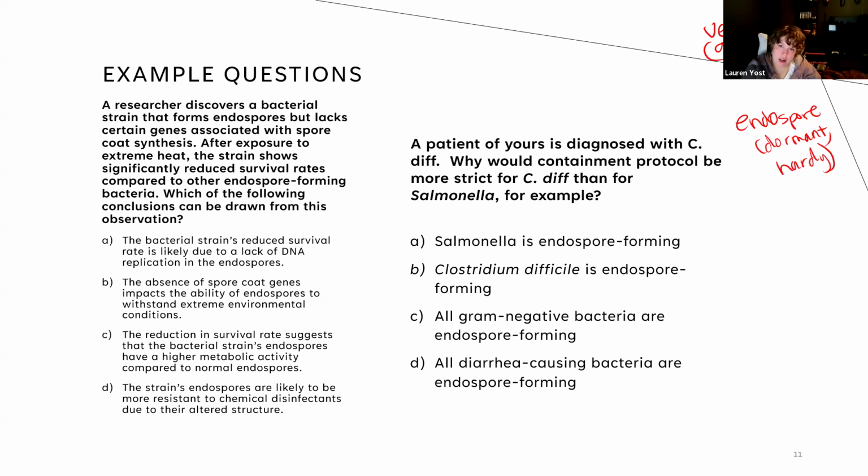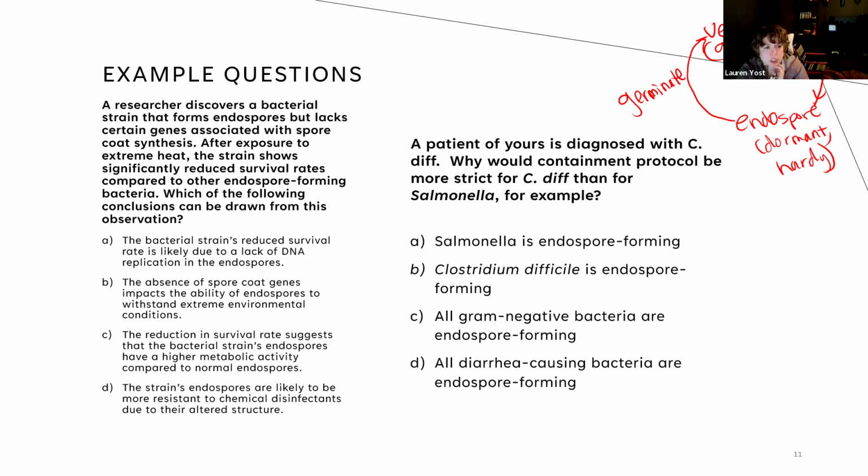And we go from vegetative to endospore through a process of sporulation, we'll just put sporulate. And then going from endospore to vegetative is germinate. Like a plant will grow. If you go from seed to plant, you're growing, germinate. Okay, so this is our cheat sheet.